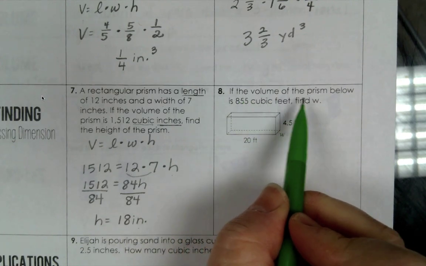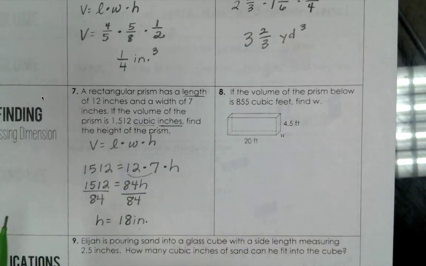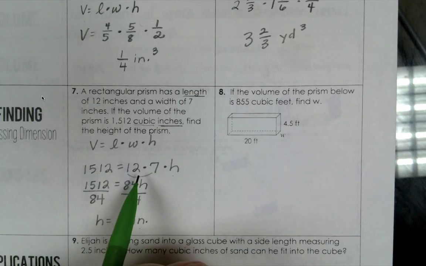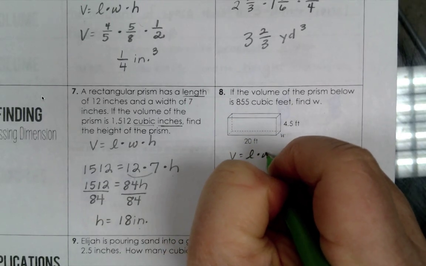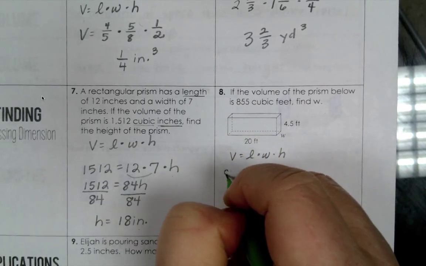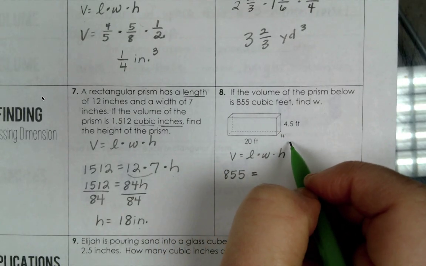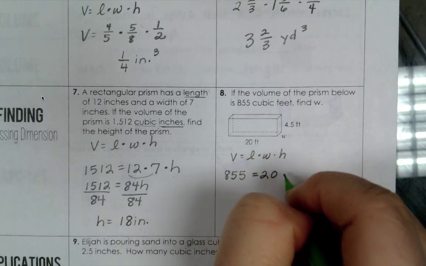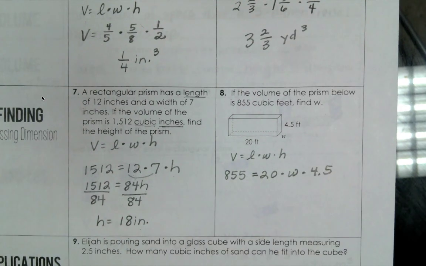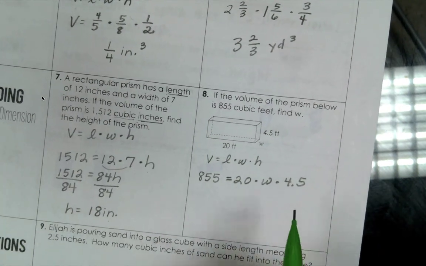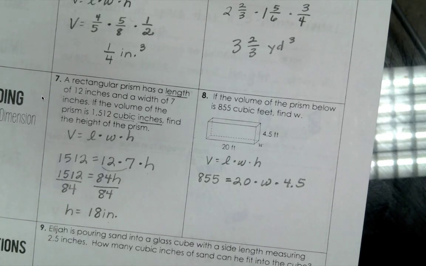So, number 8 gives me a picture. If the volume of the prism below is 855 cubic feet, find W. So just like over here, number 7, except they give us a picture. So I know volume equals length times width times height. And I know 855 equals, my length is 20, times my width times my height. Okay, so we're going to again combine like terms. So I can multiply 20 times 4.5, and I get 90.